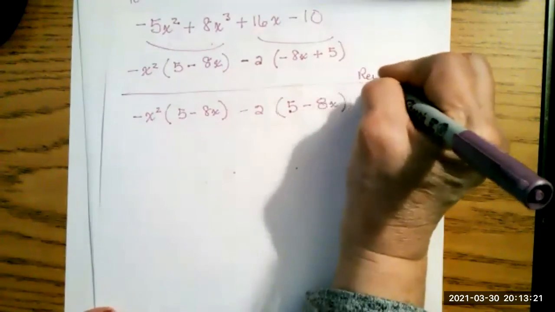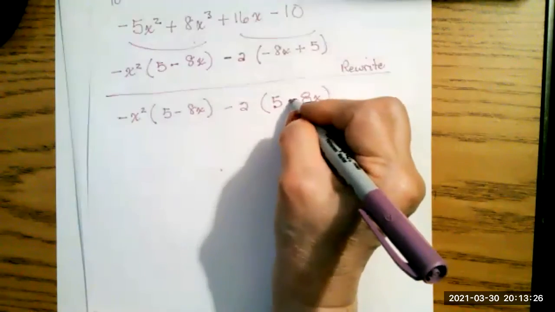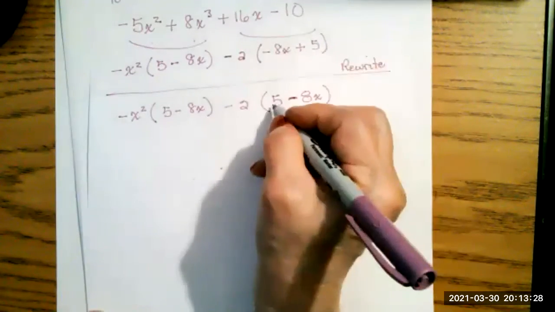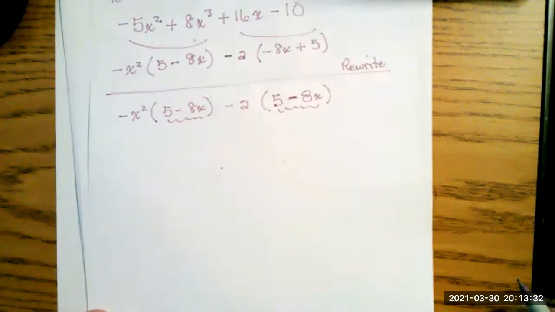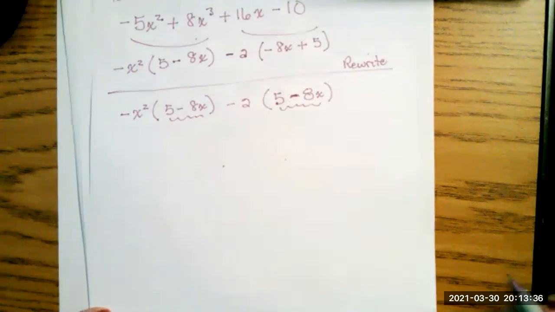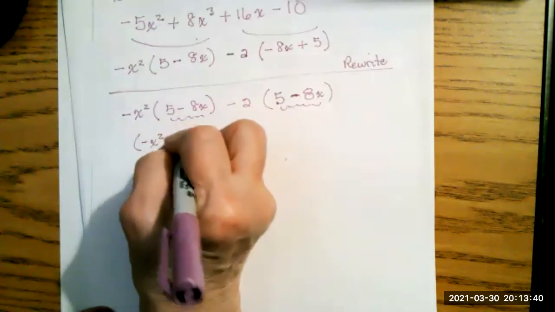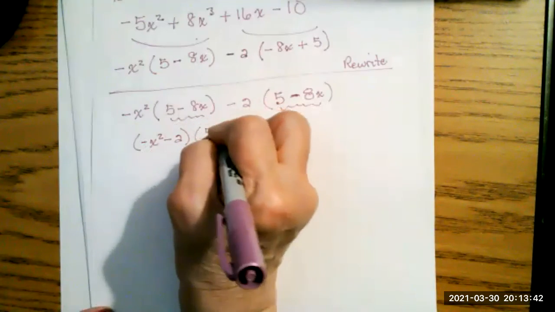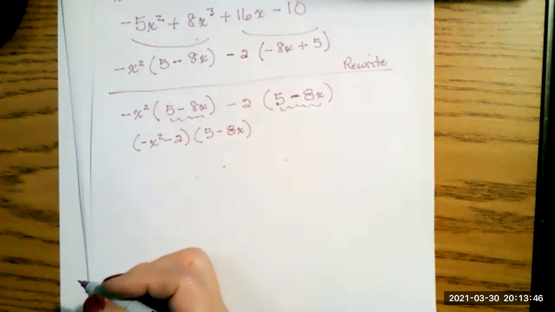The negative is still with the 8x and the 5 is still positive, but now they look exactly alike. Do you see that? Yes, ma'am. So now we have negative x squared minus 2 and 5 minus 8x. That's your common one. Okay?